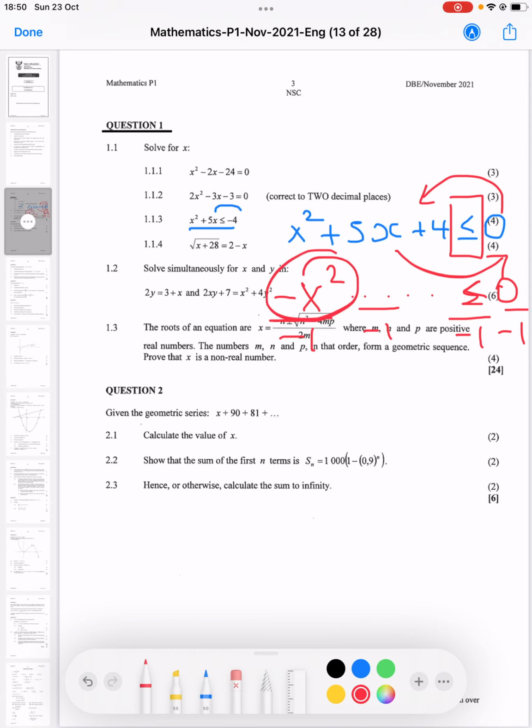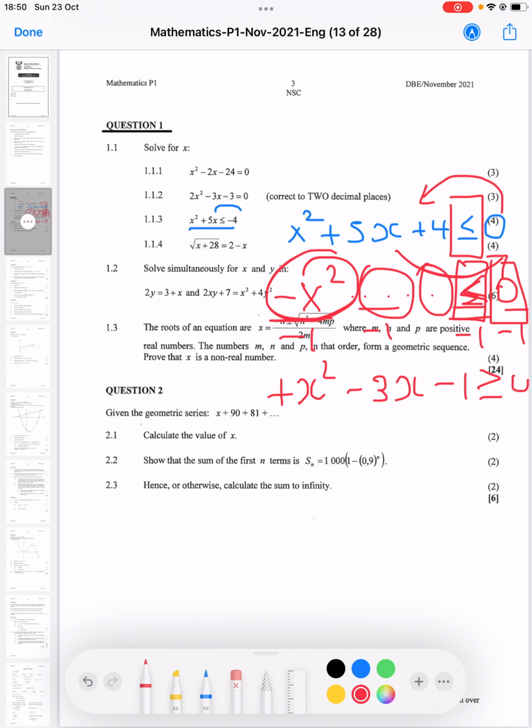You write it as a positive x squared. You change the sign of the middle term. Maybe it's now negative 3x. You change the sign of that. Maybe it is now minus 1. This thing also is a sign. That is why it changes from being that to being that. And then 0, whether you have positive or negative 0, is still the same as just 0.